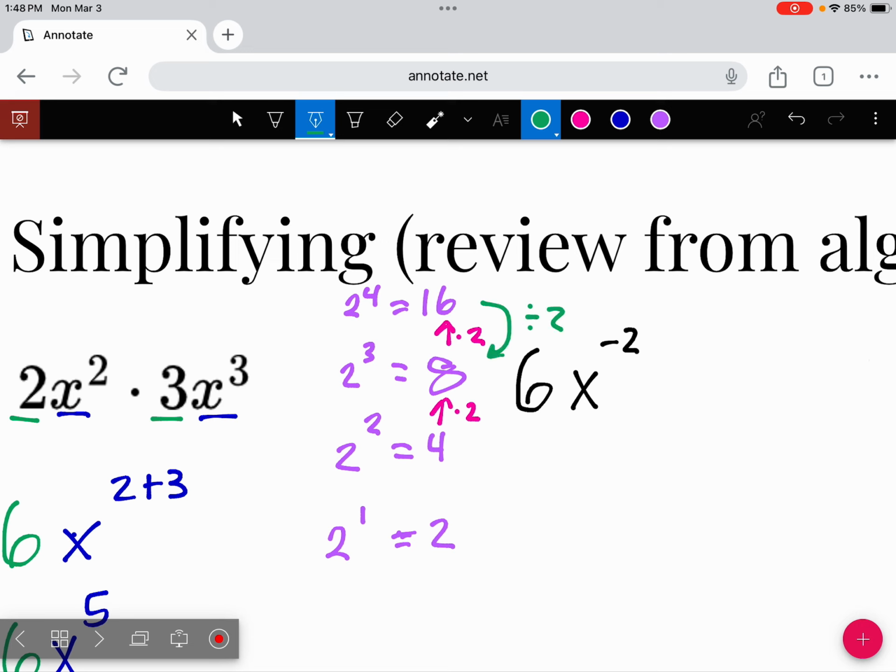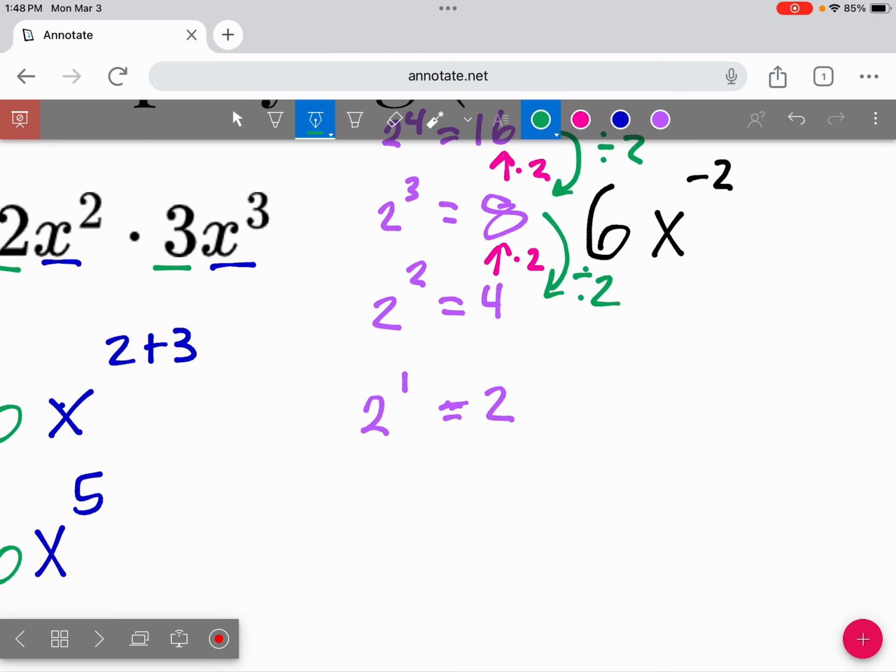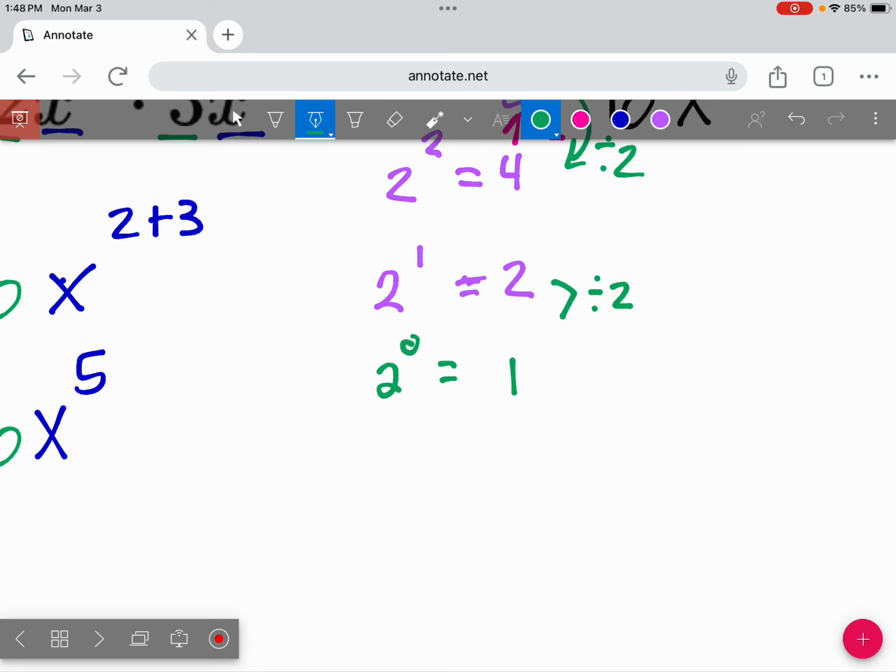Divide by 2. So if I'm at 2 to the first, and I want to go down to 2 to the 0, I divide by 2. 2 divided by 2 gives me what? 1.